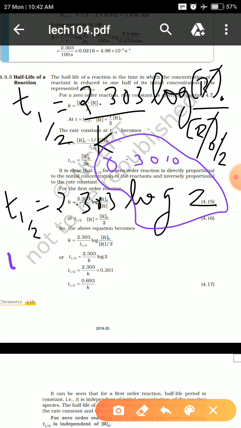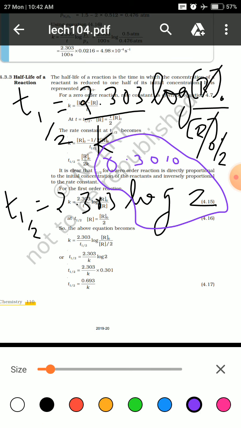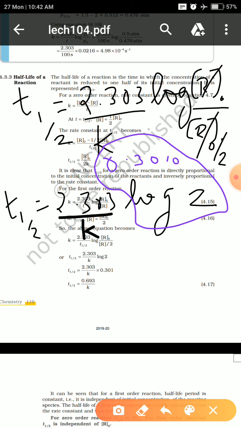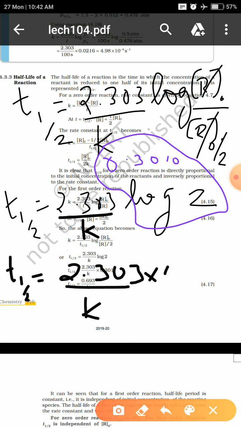And there is a divided by K also, right? Divided by K. So we will write T half equals 2.303 by K into 0.3010.